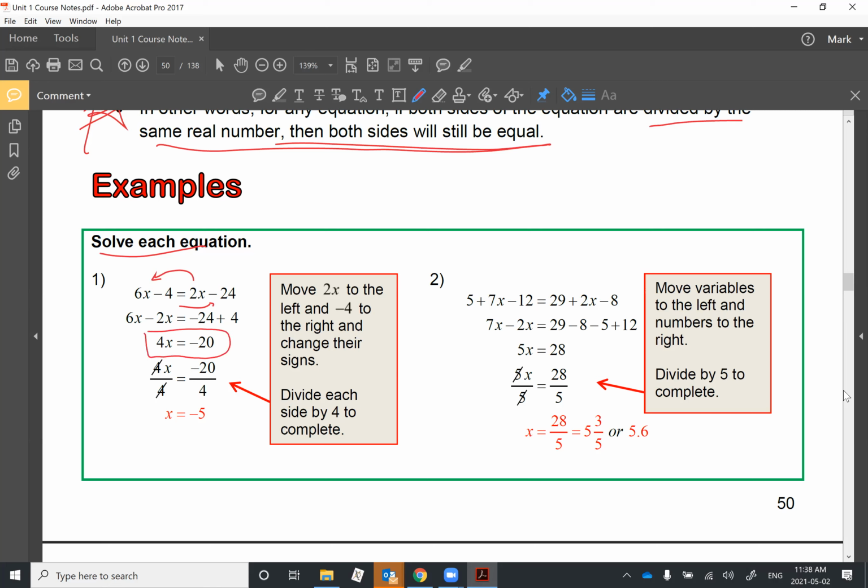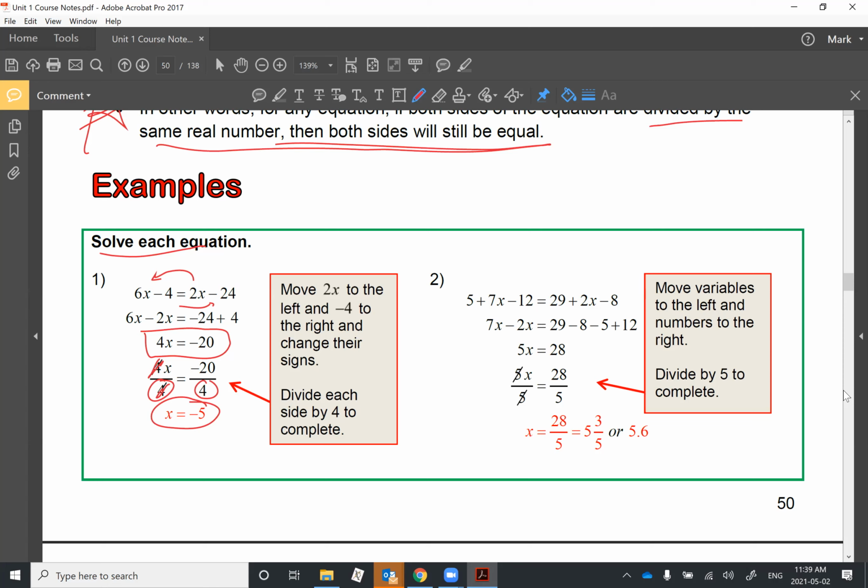This simplifies to this. Now, there's a problem here. I want to know what x is. I do not need to know what 4x is. So what I do is I divide both sides by 4. The 4's cancel, and I'll get my answer. I do have an easier way to explain this. I'll show you when we do the practice problems.